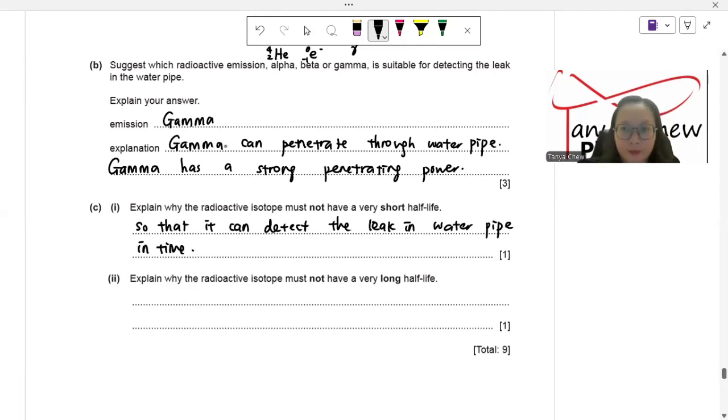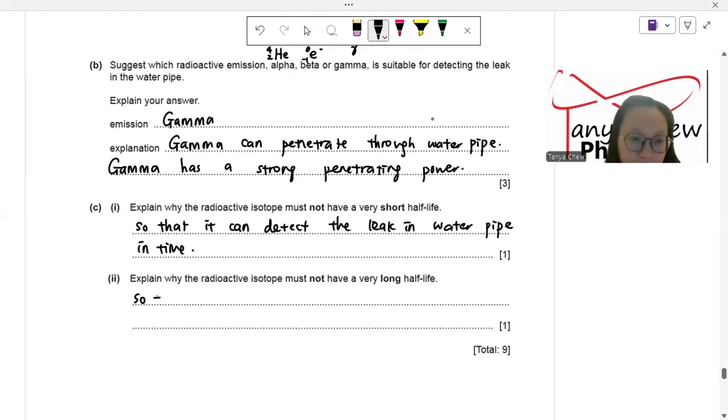Now, the second point. Explain why the radioactive isotope must not have a very long half-life. After you have detected the leakage in the water pipe, we want the radioactive isotope to decay completely, right? Because you don't want the radioactive isotope to stay too long in the water and contaminate the water supply. So that's the answer.